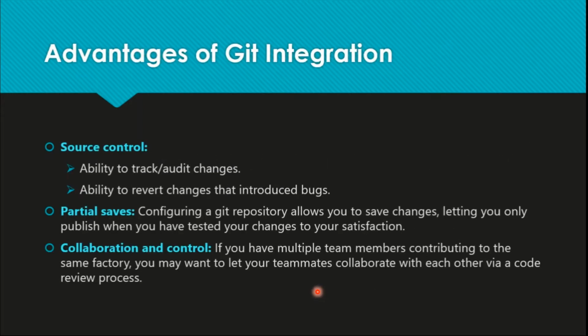Moving ahead, what are the advantages of Git integration? First and foremost, source control. It provides us the ability to track and audit changes, and also to revert changes that might have introduced bugs in an already functioning pipeline. Partial saves.